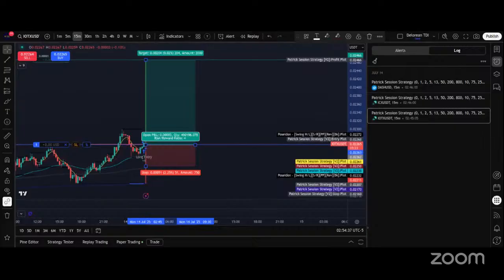That's going to be for 204 pips. Stop loss is going to be 0.02211. It's going to be for 51 pips. And entry price is going to be 0.02262.